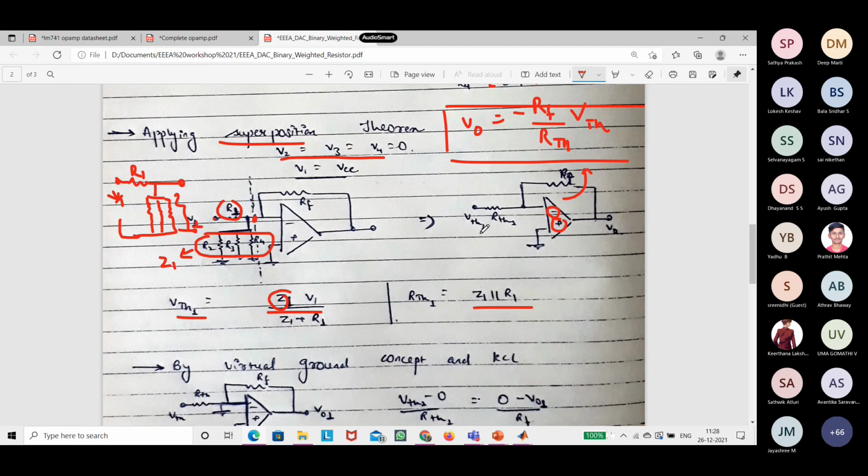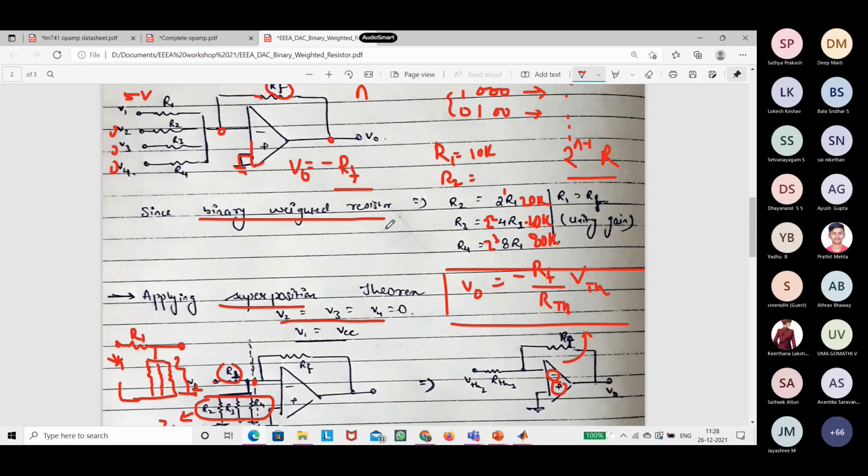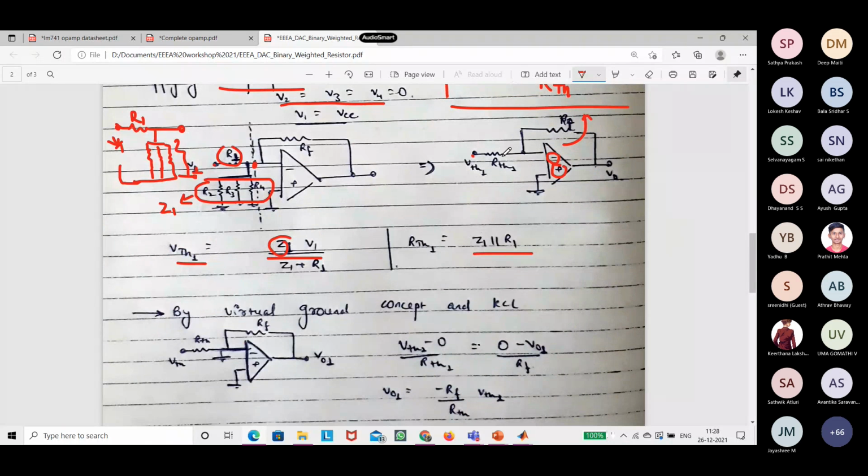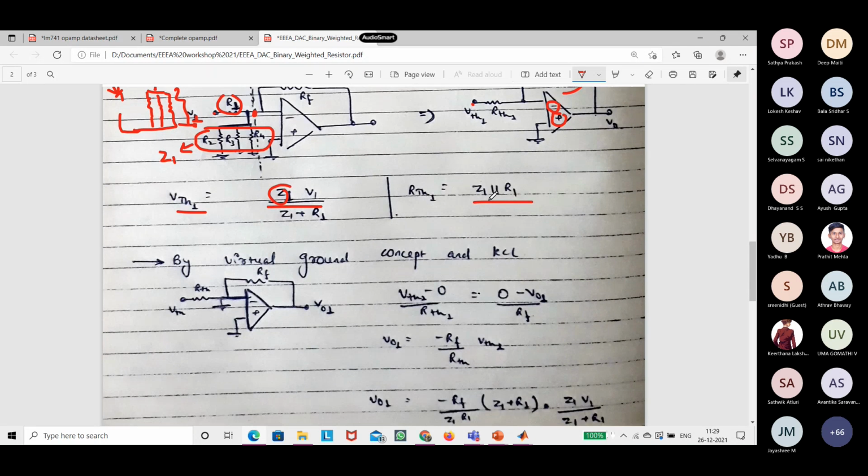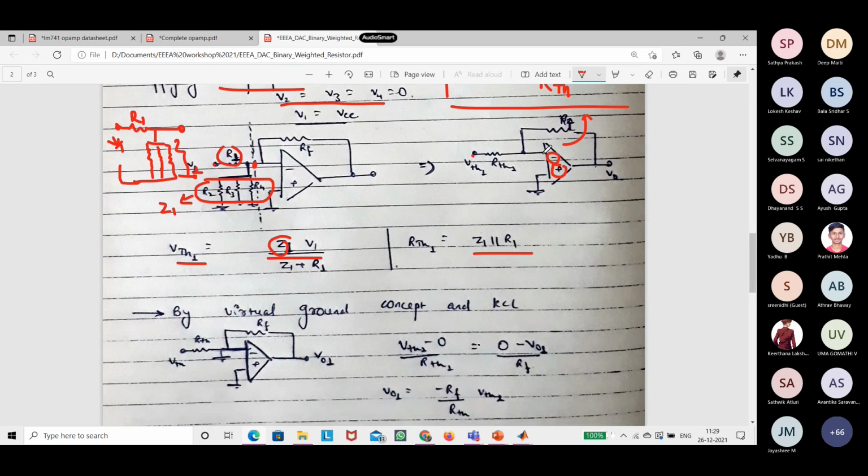Now we have this circuit ready. So we have Thevenin voltage, Thevenin resistance, and RF that is connected from the output terminal to the inverting input. Since the current equals 0 and the differential gain, as I have said, is of the order 10 to the power 5 or 10 to the power 6, the difference in the voltages across both the terminals needs to be very small, of the order of micro volts, right?